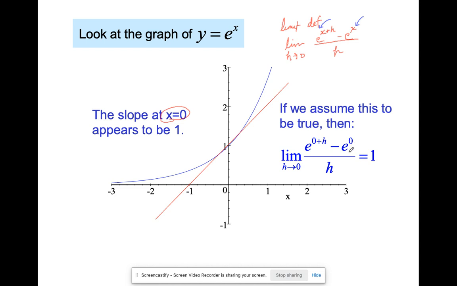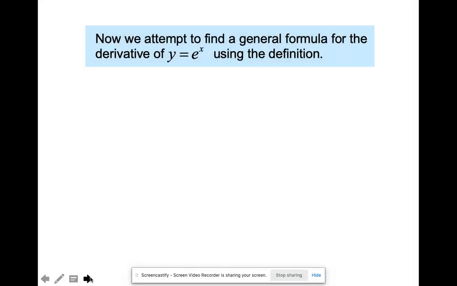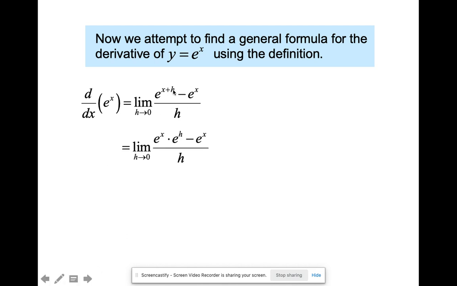But hey, what's e to the 0? So the definition of the derivative of the function e to the x is this, but again, I put in 0 for my x.